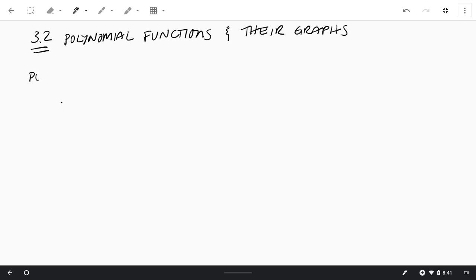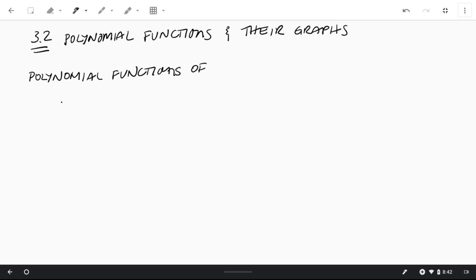So we are going to be looking at polynomials of degree n. So we saw degree 2 polynomials in the previous section, which are quadratics.